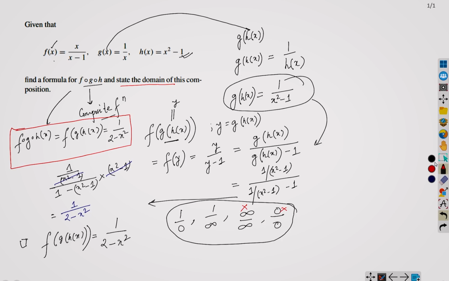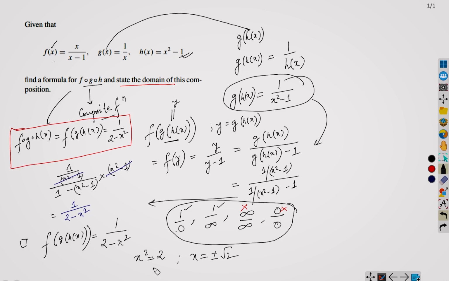So these two get excluded, remaining this one and this one. Now this is also not possible because it is not in that form. So only this one is left, and this will occur when x square equals 2, which implies x equals plus minus square root 2.